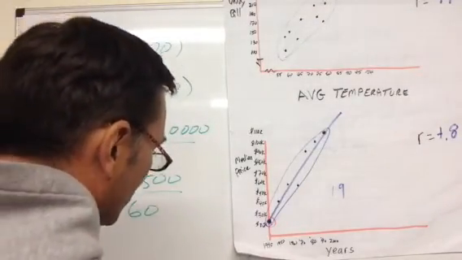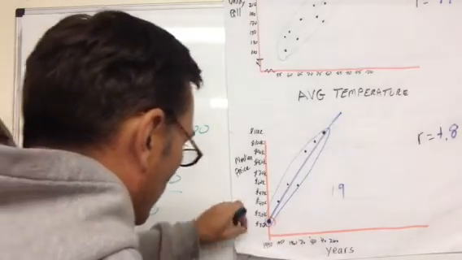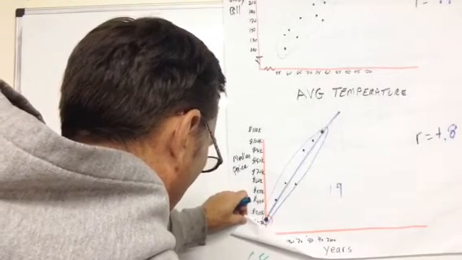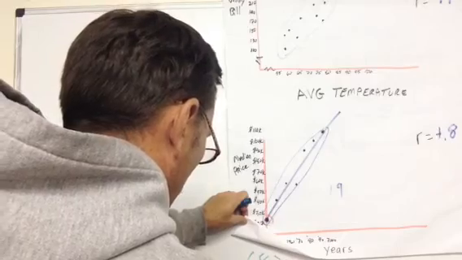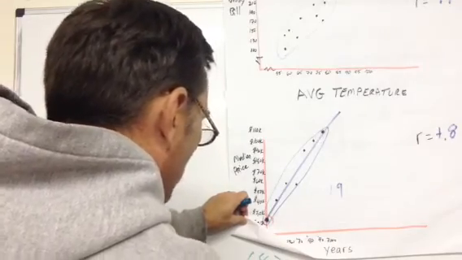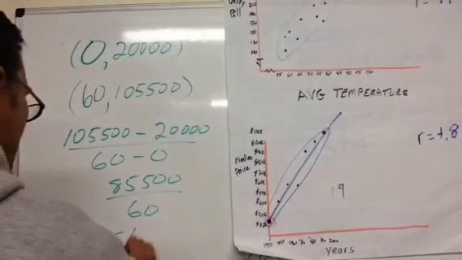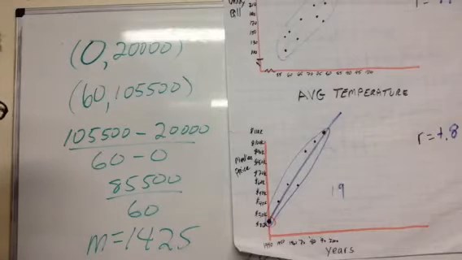It's going to go in once. 25. It's going to go in 4 times. It's going to go in twice. So it comes out to 1425. So my M value is 1425.